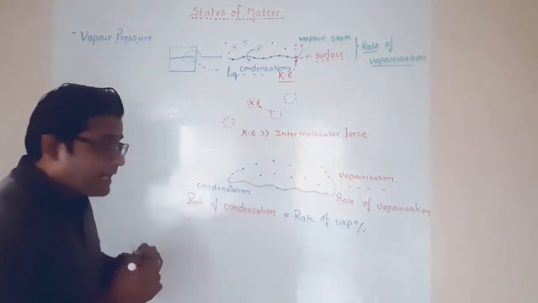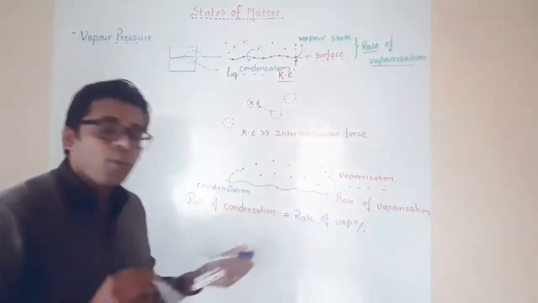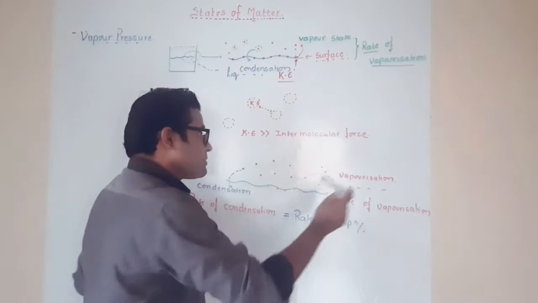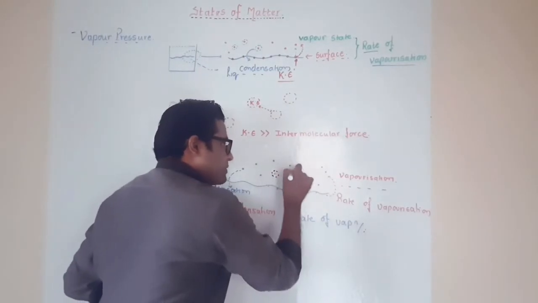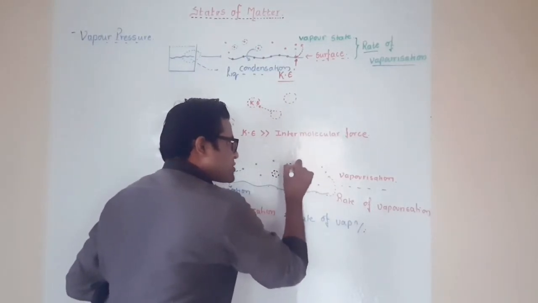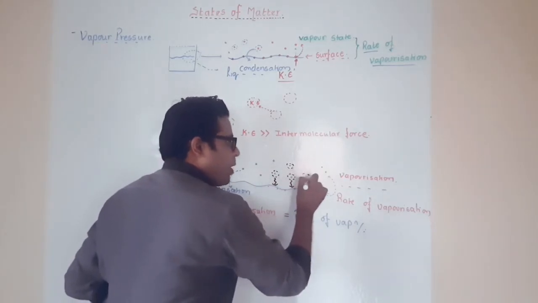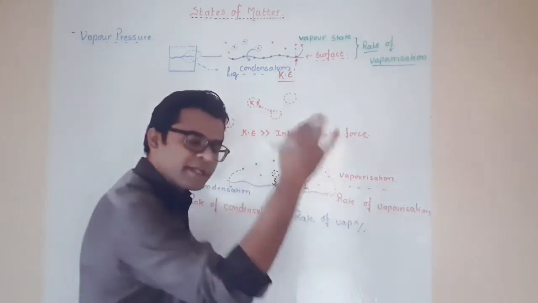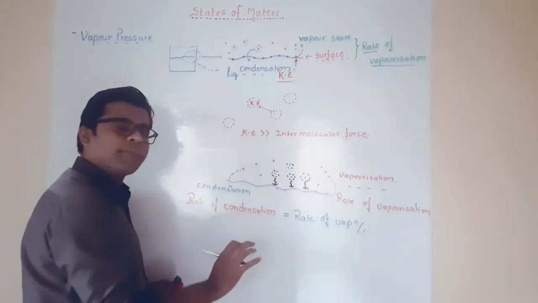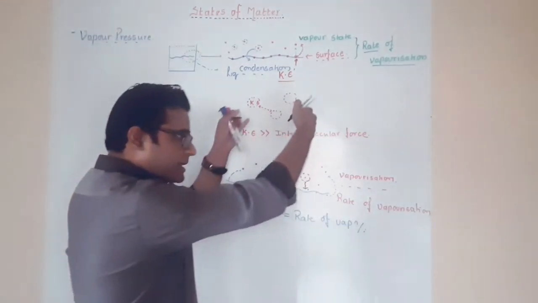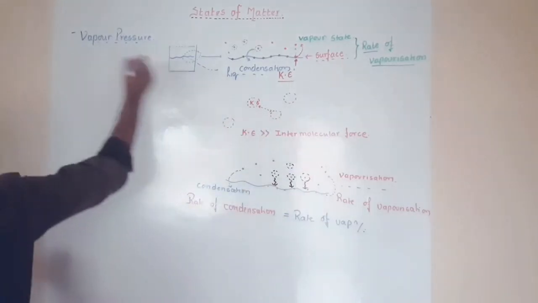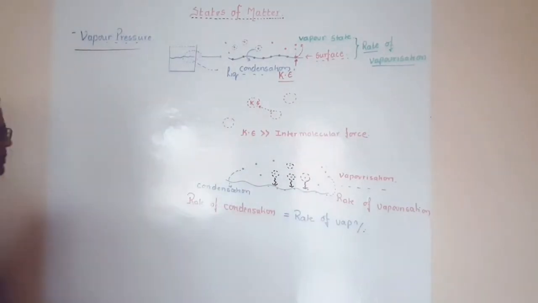Now, at that particular condition, what is the pressure generated by these vapors on their own liquid at constant temperature? That particular pressure we consider as the vapor pressure.